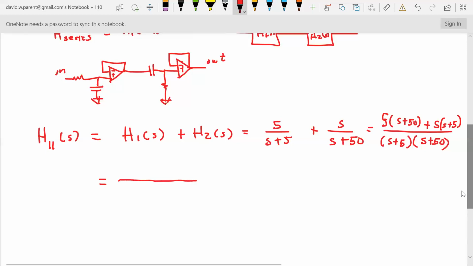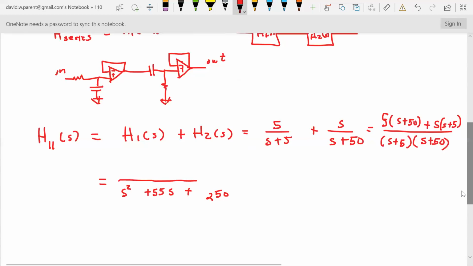Now, yeah, many times a lot of people like to have the polynomials done out. So like, all right, S squared, 5 times 50 is 250. 5 plus 50 is 55S, right? Here, what do I have?